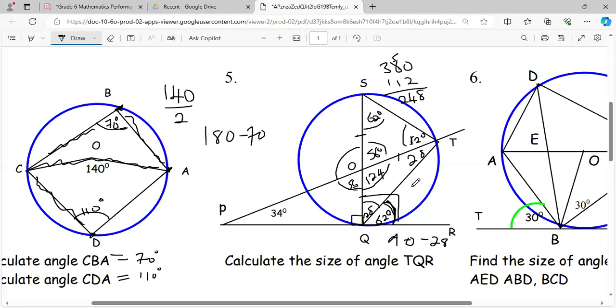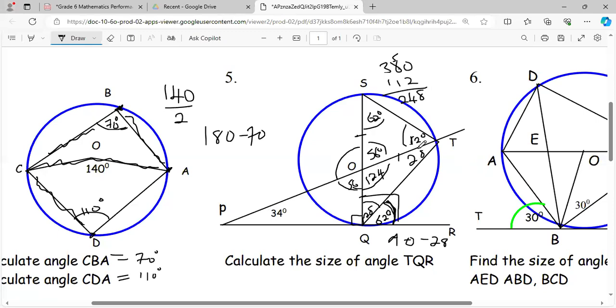So you could do a double check, guys. Check this angle right here, 28, 90 plus the 28, and 34, and see if it gives you 180. I want you guys to get in the habit of double checking your work. So 28 and 28, 56, right? This and this, 56 plus this, 90 plus the 90, 180.